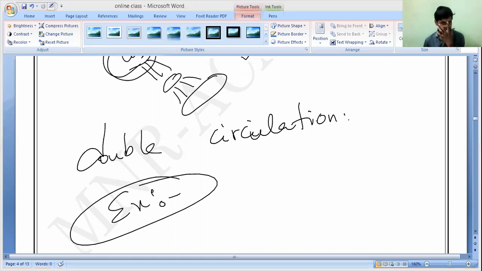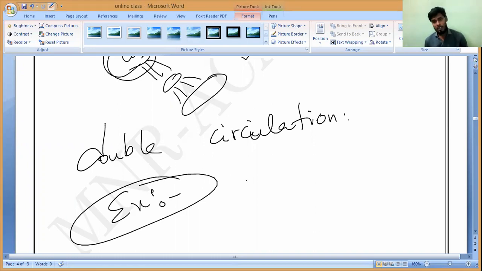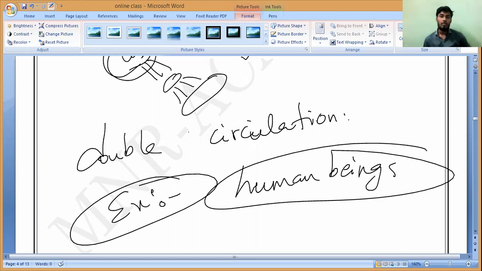Example of double circulation: the human circulatory system. Human beings are the example of a double circulation system.